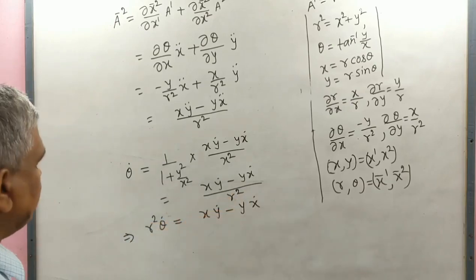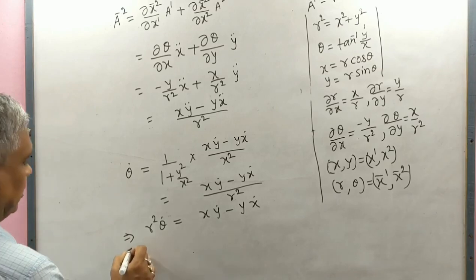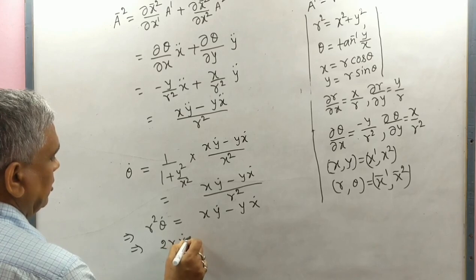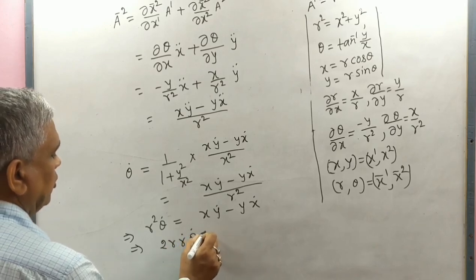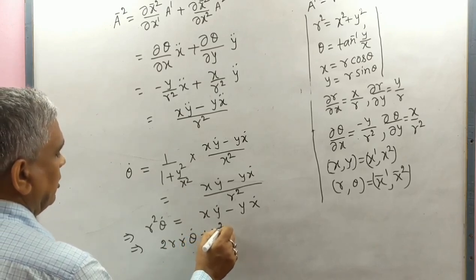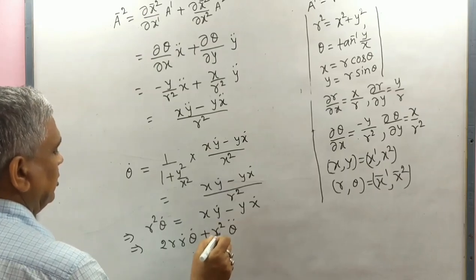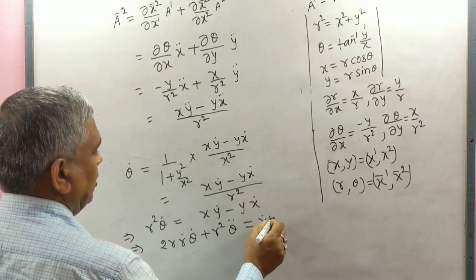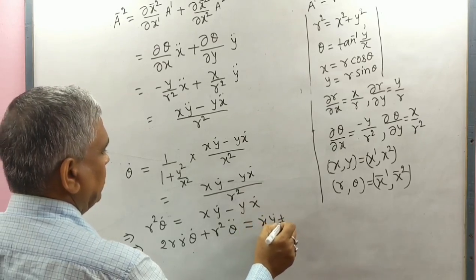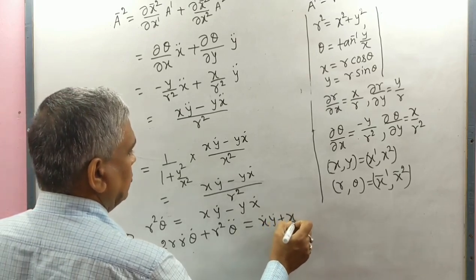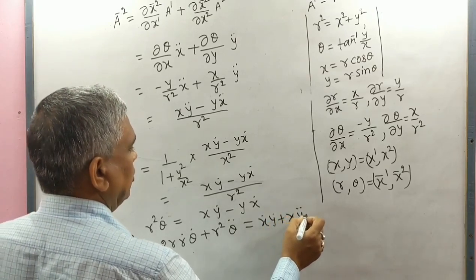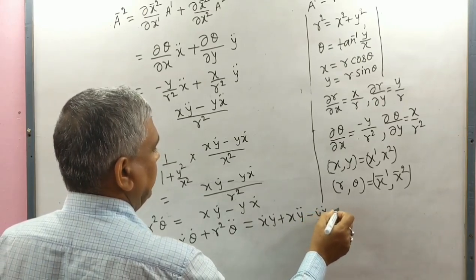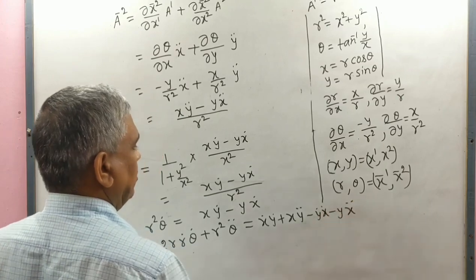Again differentiating both sides with respect to t, we get 2r r dot theta dot plus r square theta double dot equal to x dot y dot plus x y double dot minus y dot x dot minus y x double dot.